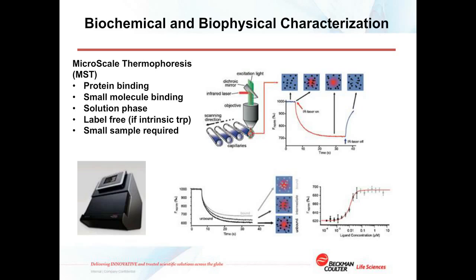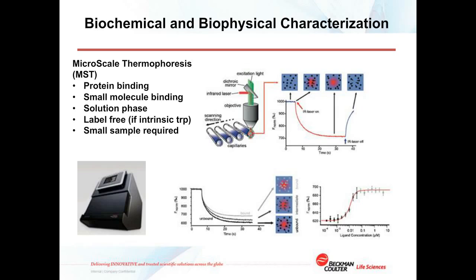But in any event, with this method, a laser is used to create a temperature gradient, and depending upon the binding state of your protein, the larger it is, the slower it will migrate along the temperature gradient. Therefore, if one performs a titration series from low protein to high protein with a constant amount of the fluorescently labeled version, one can then quantify a saturation binding curve, as I show in the bottom right.